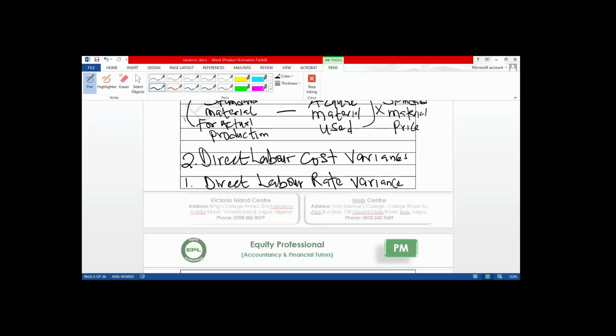What is direct labor rate variance? It is where the actual labor rate paid to workers is different from the standard rates management has approved.